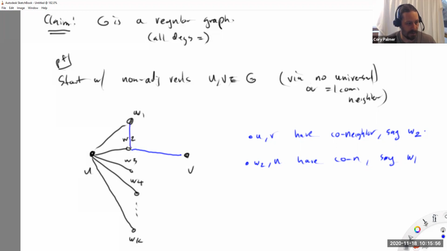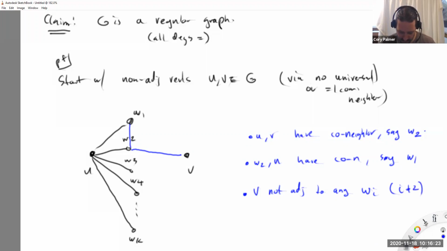Let's say that it's W1 up there. So we've got this triangle here. Now, what do we want to notice here? There's a few things to notice. We did notice that V is not adjacent to any Wi for i not equal to 2, otherwise we get a cycle.